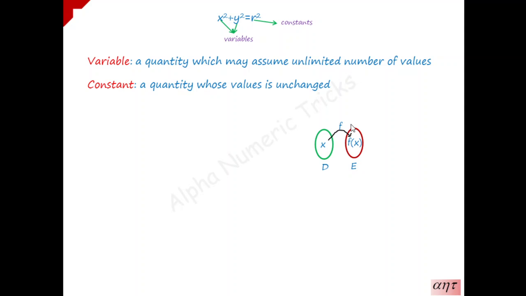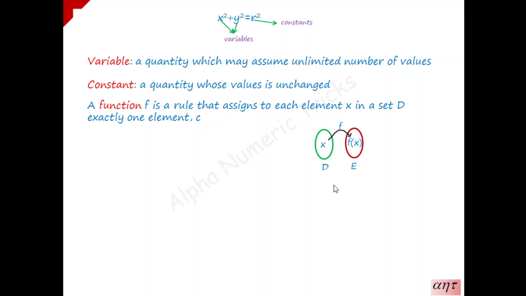With the help of a rule or condition, each element in the set D is mapped to exactly one element in the set E, and then we get a function. So a function is a rule that assigns each element in the set D to exactly one element in the set E. That is the function. So a function is mainly a rule or condition.